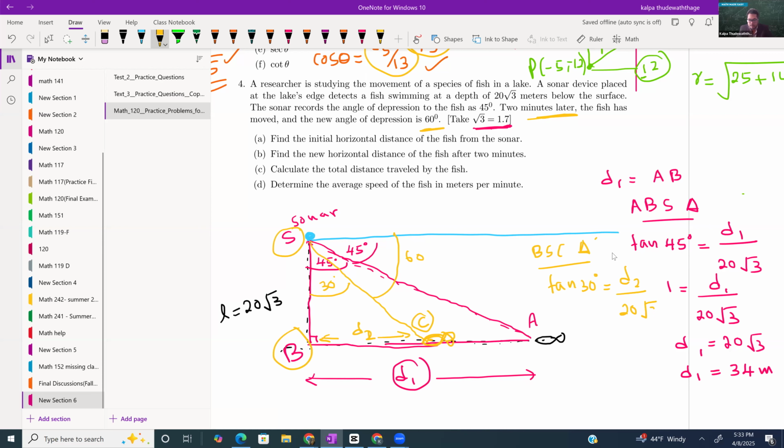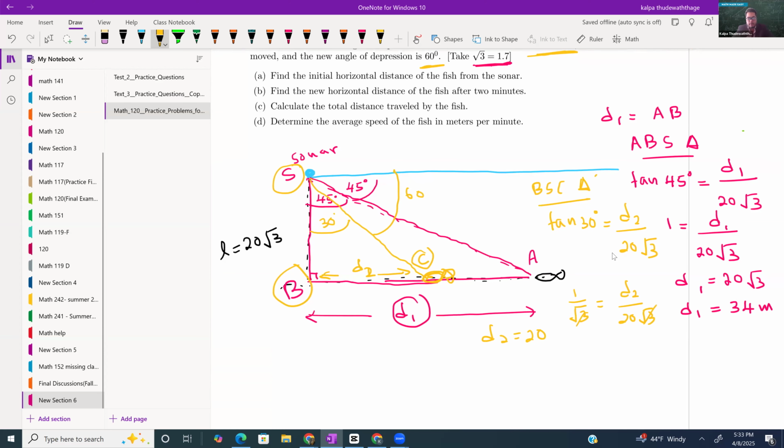Adjacent doesn't change, because it's the depth from the sonar device to the horizontal line that the fish is swimming along. Tan 30 is 1 over root 3, so D2 over 20 times root 3. If you cancel that, you get D2 as 20.